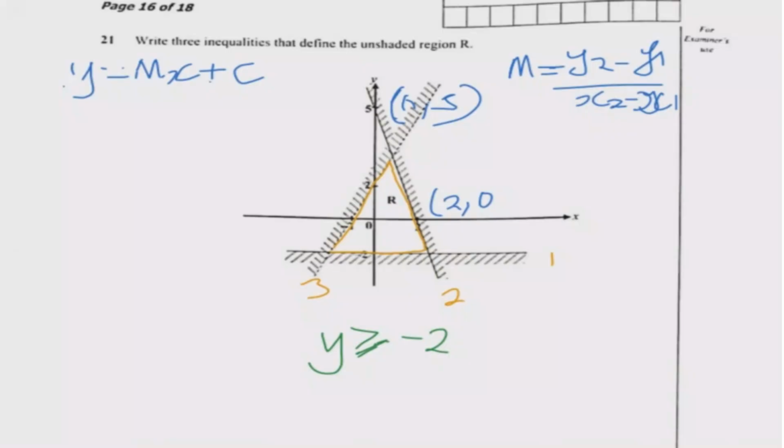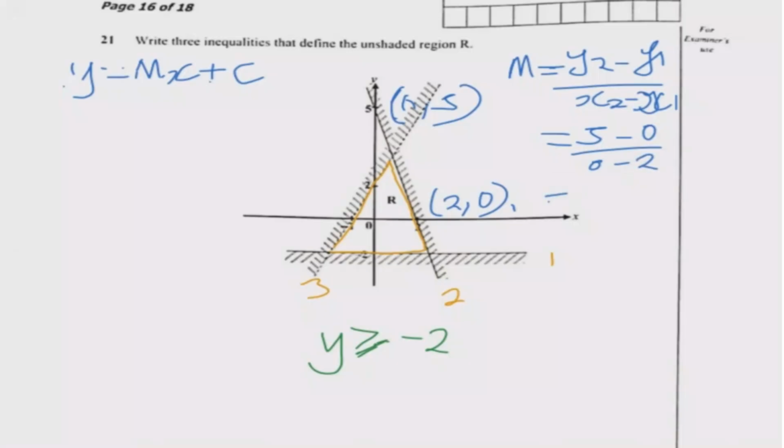Now we put in the coordinates. We can say this one is the first point and that is the second. So y2 is 5 minus y1, which is 0, over x2, which is 0, minus 2.